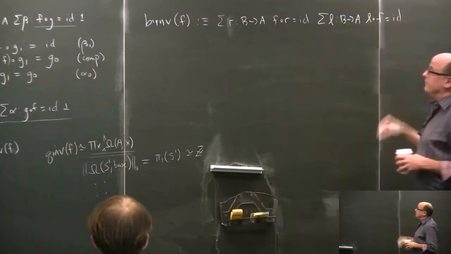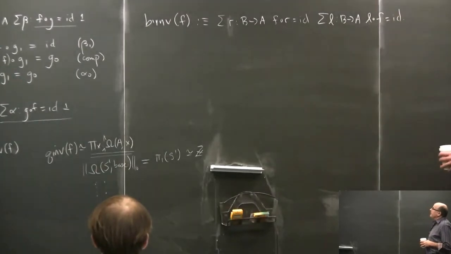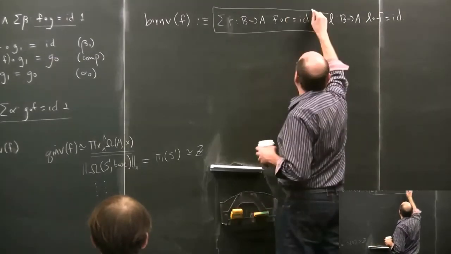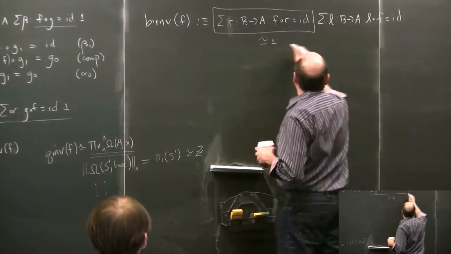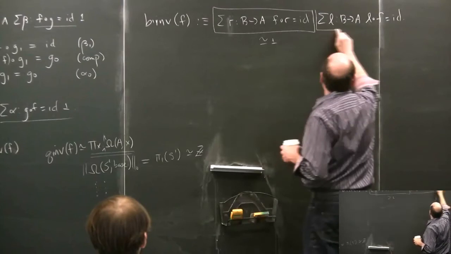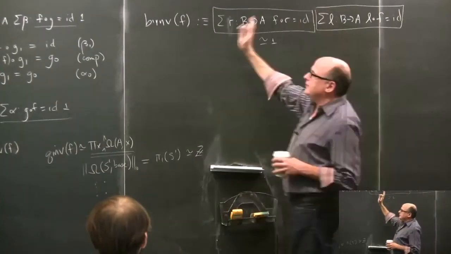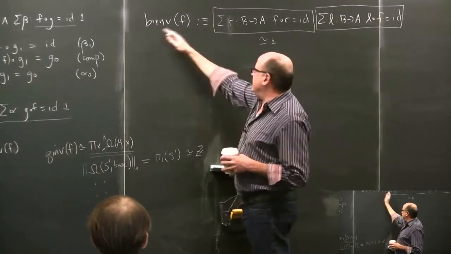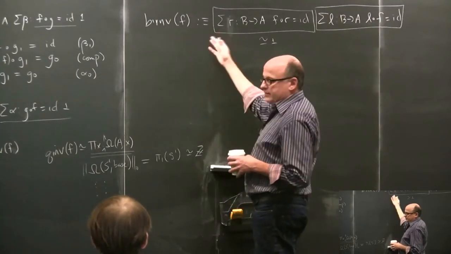That's the definition of a bi-inverse for F. And so in the case of a bi-inverse for F, you can do the same argument. This is going to be contractible because there's at most one right inverse, given that F has a quasi-inverse, given that this is inhabited in particular.